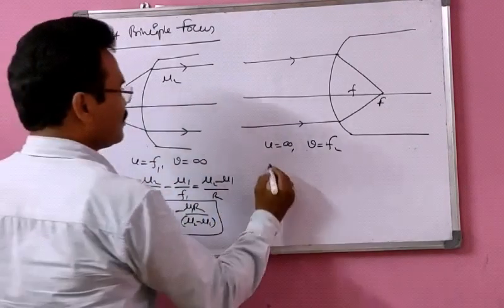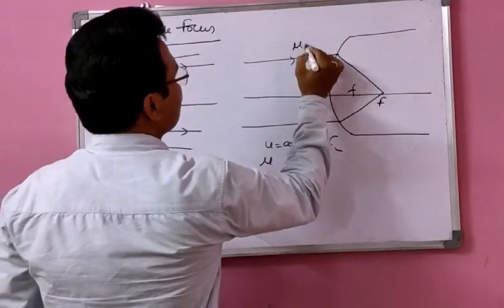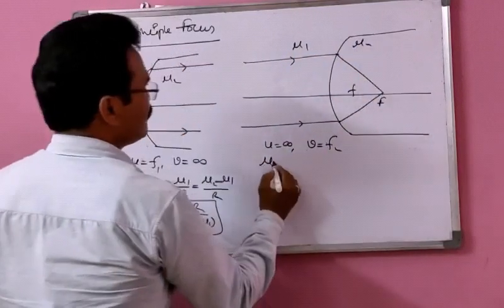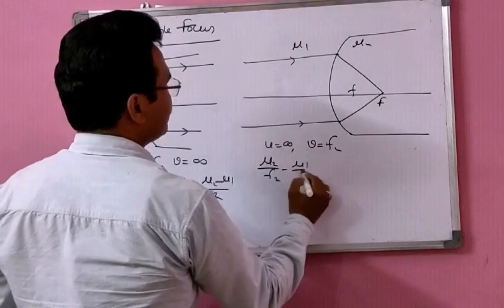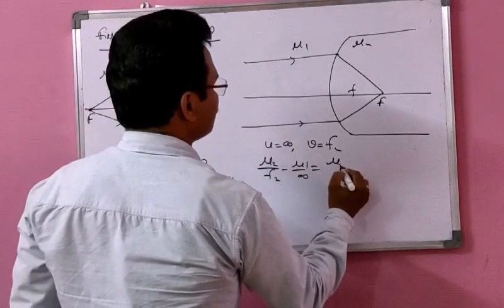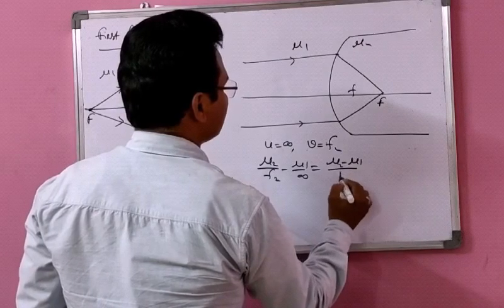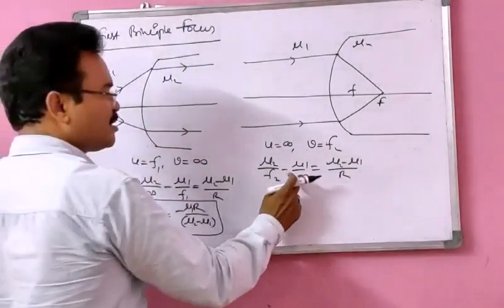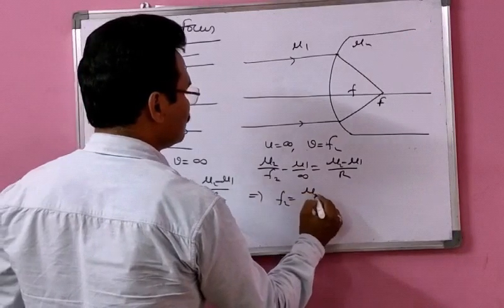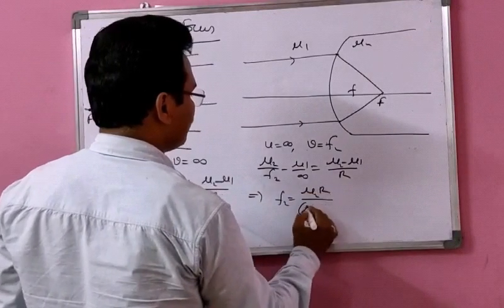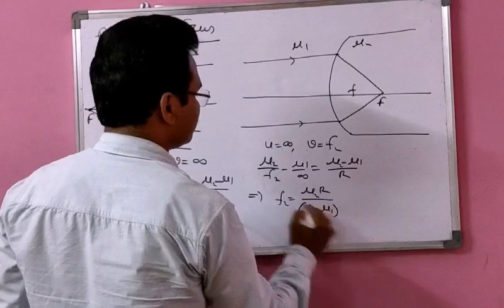Substitute the same here, that is mu2 by v, that is F2, minus mu1 by infinity equal to (mu2 minus mu1) by r. Again this term becomes 0. What am I going to get? F2 equal to mu2 r by (mu2 minus mu1).